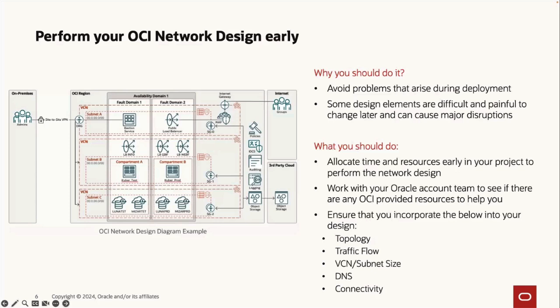This is making sure you spend the time early on to do a proper design for your network. Many times we see customers deploying their resources. Maybe it's a database administrator putting a database in. To do that, they need a VCN and all the networking constructs, so they run through the wizard and accept all the defaults, and they're up and running. And then they want to connect it or do something else.